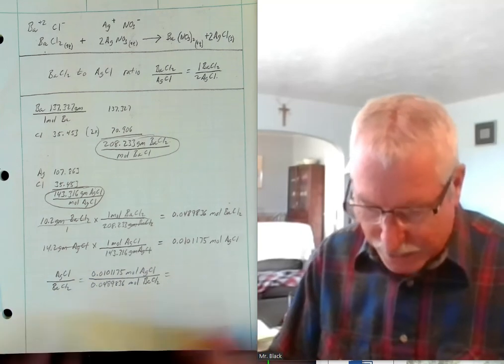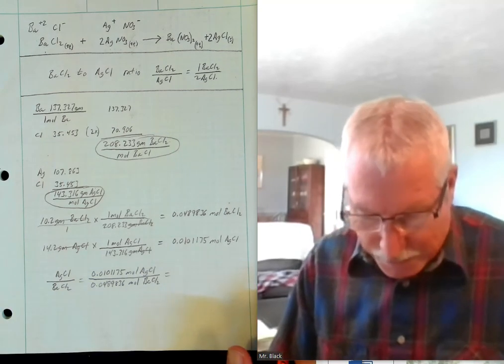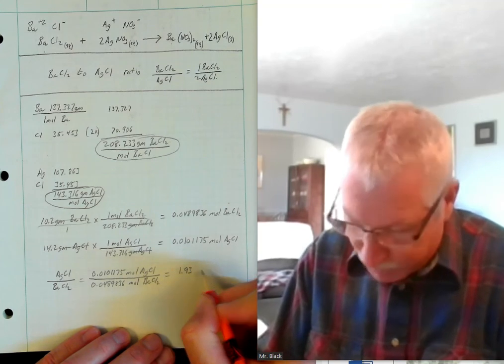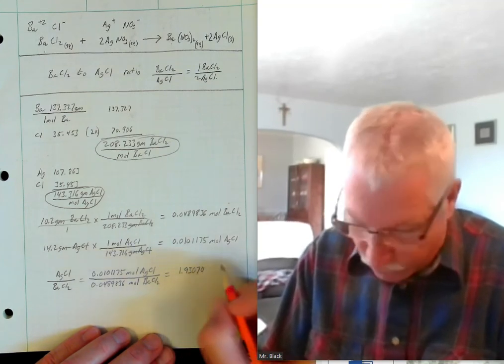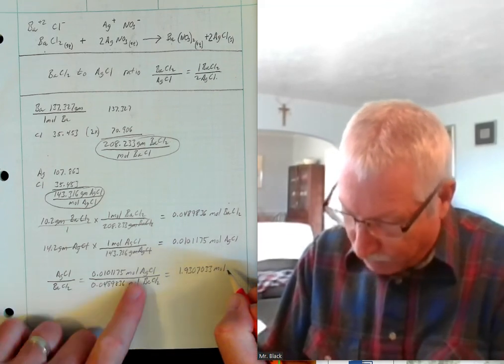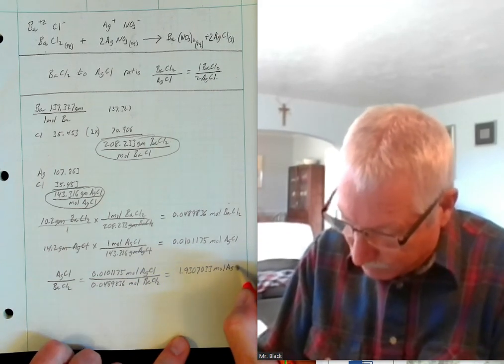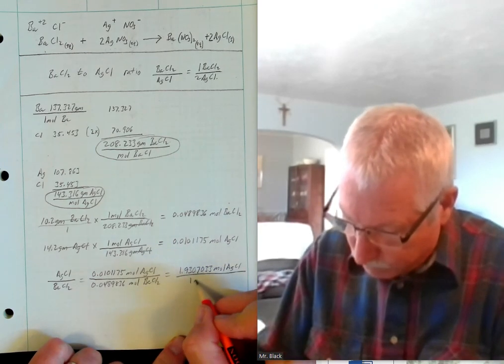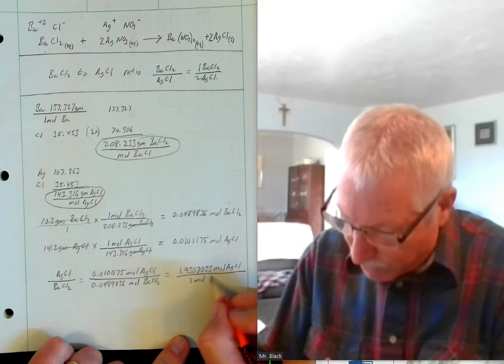And when I plug that into my calculator, I get this big long answer of 1.9307033 moles of silver chloride over 1 mole of barium chloride.